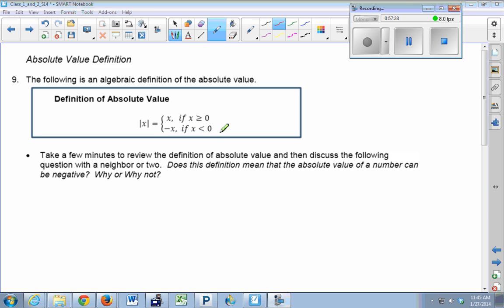X less than 0. What kind of number are you now? You're negative. So when you go in, you're negative. A little plastic surgery is performed because when you come out, you're what? Positive. This represents a positive number. Why? Because this means you're the opposite of x, and x is a negative number. So that means you're positive.